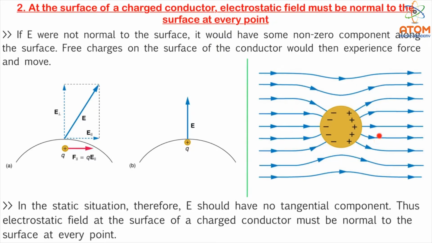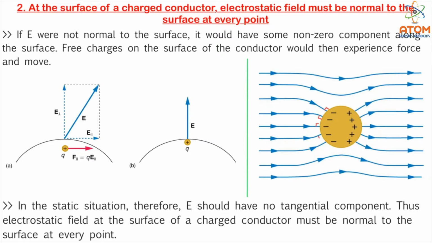See this figure. This is a spherical conductor, and here is the electric field which is entering the conductor, and here is the electric field coming out of the conductor. So you can see that at every point the electric field remains perpendicular, that means normal to the surface.